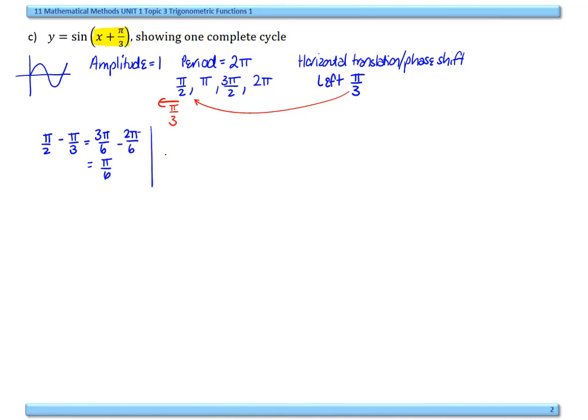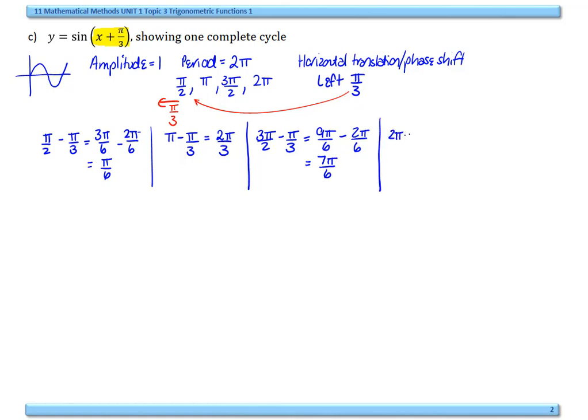That's our first one. Pi minus pi on 3. Now, hopefully, one whole take away a pi on 3 is 2 pi on 3. 3 pi on 2 minus pi on 3 is going to be 9 pi on 6 minus 2 pi on 6, which is 7 pi on 6.